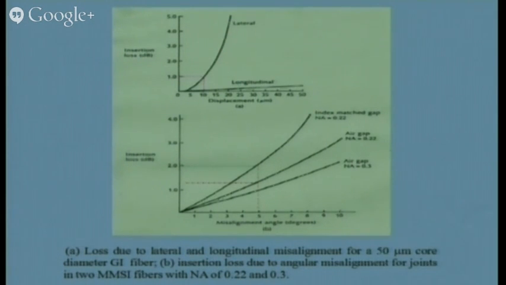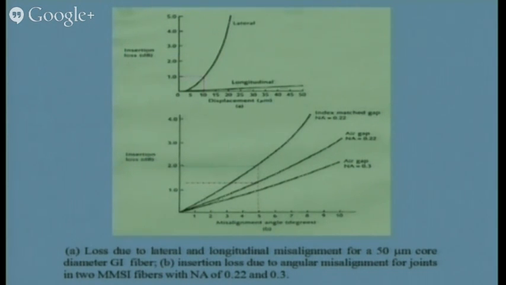You can use the index matching gel, and you will see this is a loss of 0.2. This is without air gap. This is with index matching gel. Index matching gels increase the angular misalignment, because when you put the index gel, you cannot polish it. So one has to see whether to use it or not.